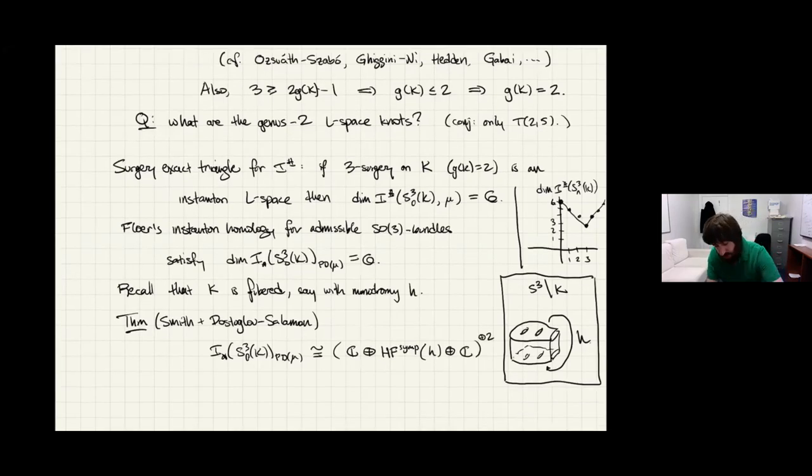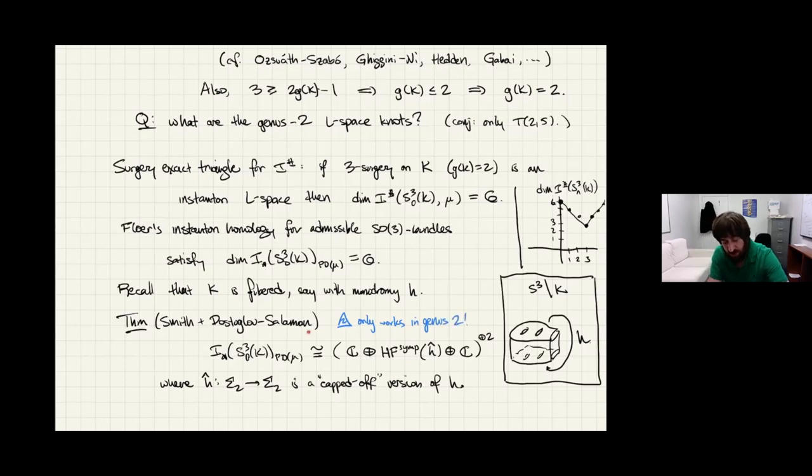Now, I'm going to write a little hat over H. And the theorem is that this is the case where H hat is a version of the monodromy on a closed surface. So we sort of capped it off. Okay. And I should add a little remark here. This only works in genus 2, for genus 2 fibered knots. Because what happened was, well, the result of Daemi and Scaduto came first.